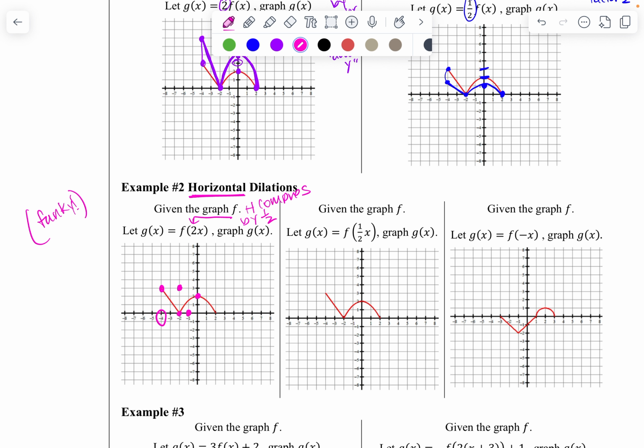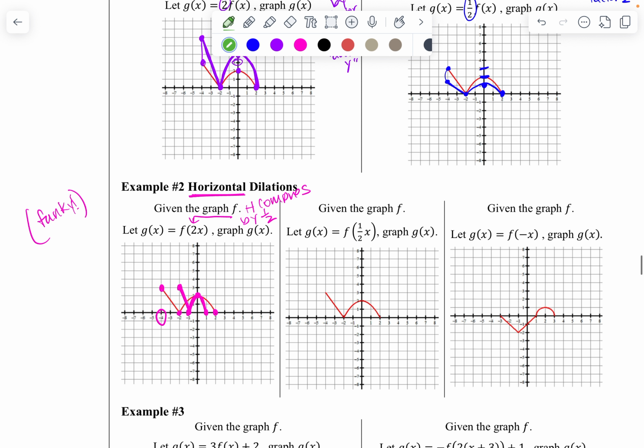On this point, it stays the same because a horizontal distance of 0 is still 0. And here we've got a horizontal distance of 2, so now it's 1. So I'm going to change everything. Do you see it's kind of like I took 2 hands and squished the original red graph to become the pink graph.